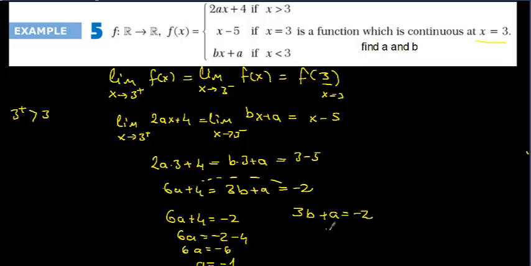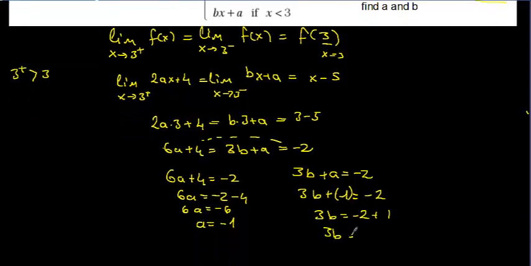And we found a is equal to -1. 3b - 1, I have written 2 times here, I lost my concentration this way, so 3b + (-1) is equal to -2, 3b is equal to -2 + 1, and 3b is equal to -1, b is equal to -1/3 for this question.